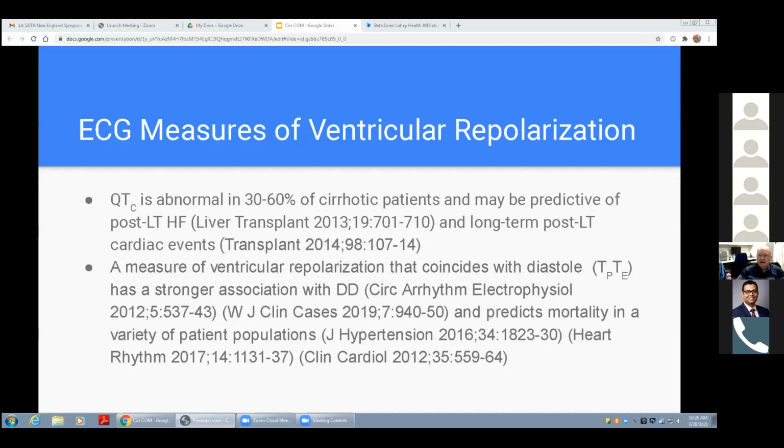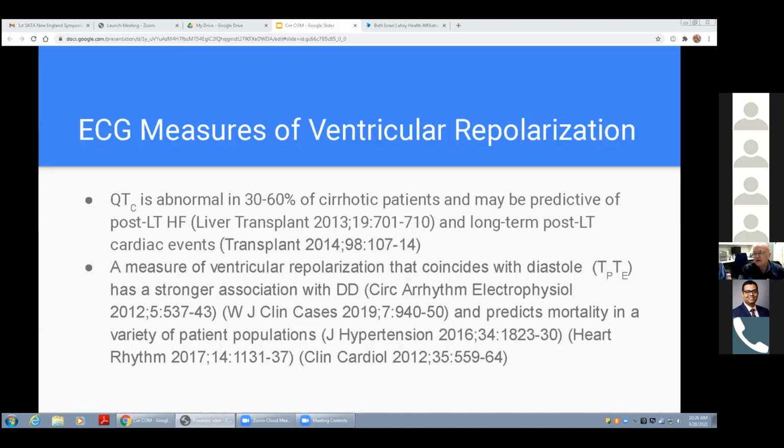Lastly, we'll look at EKG measures of repolarization, the most widely measured and studied being QTC. QTC is abnormal in a majority of patients that present for transplantation. It may actually predict post liver transplant outcomes. As I mentioned earlier, QTC correlates with severity of diastolic dysfunction in a variety of patient populations. And other measures of depolarization that better coincide with mechanical diastole show an even stronger correlation to diastolic dysfunction.